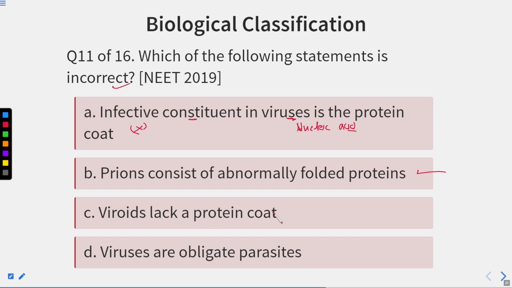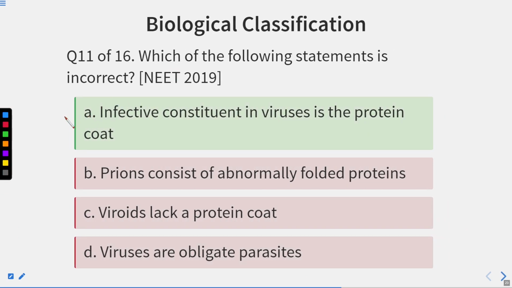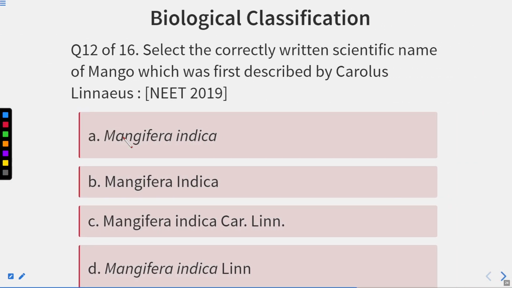Viroids lack protein coat. This is the correct option. Now, option D is viruses are obligate parasites. This is also correct. What do you mean by obligate parasite? Organisms which need the host to complete their life cycle are known as obligate parasites. So what should be the correct answer here? Option 1, infective constituent in virus is the protein coat. We have to select the incorrect statement, so this is the incorrect statement.